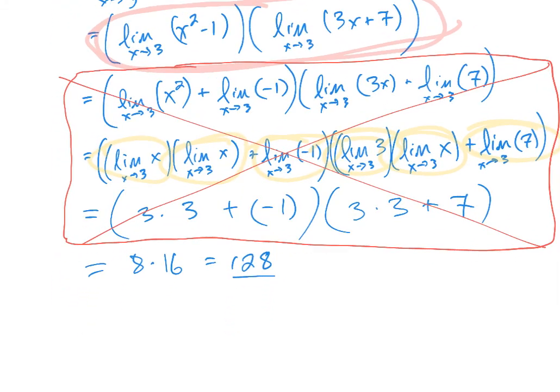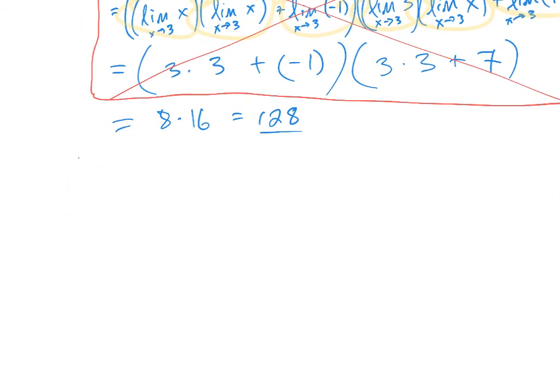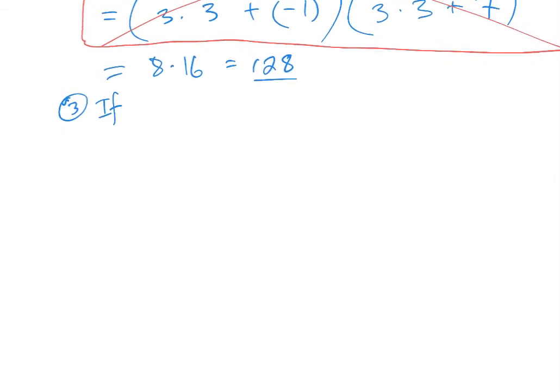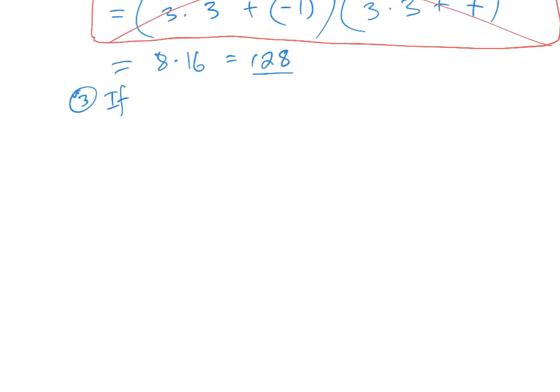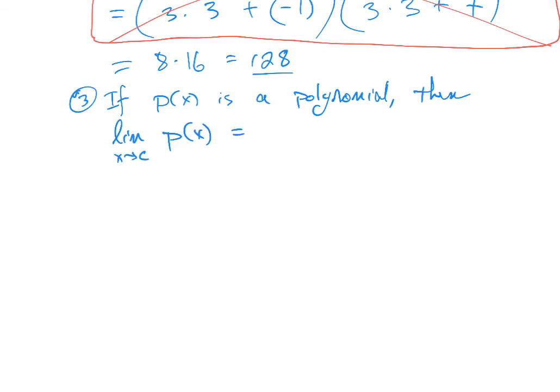Let's do as our third example. I don't know how to turn that. There we go. Our third example: if p of x is any polynomial, then the limit as x goes to c of p of x is p of c.